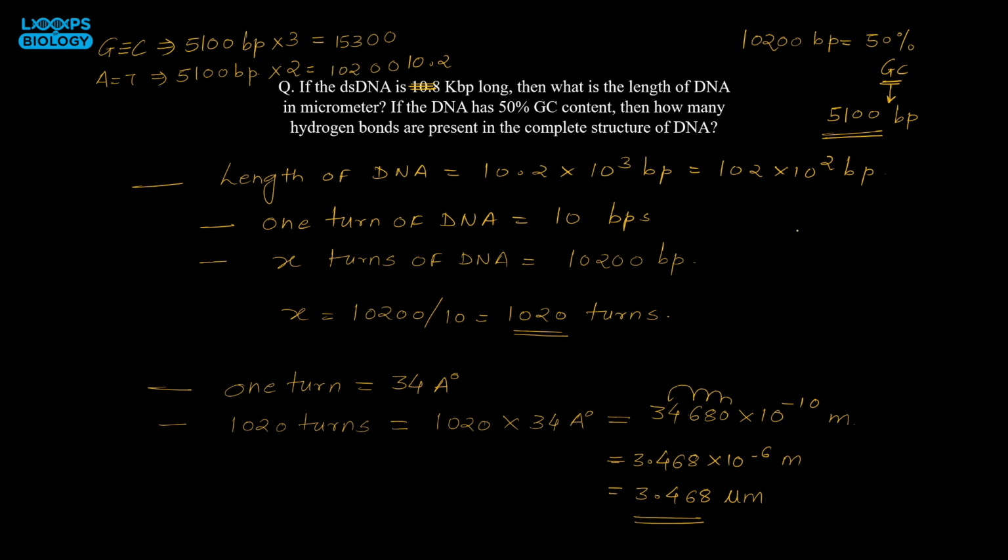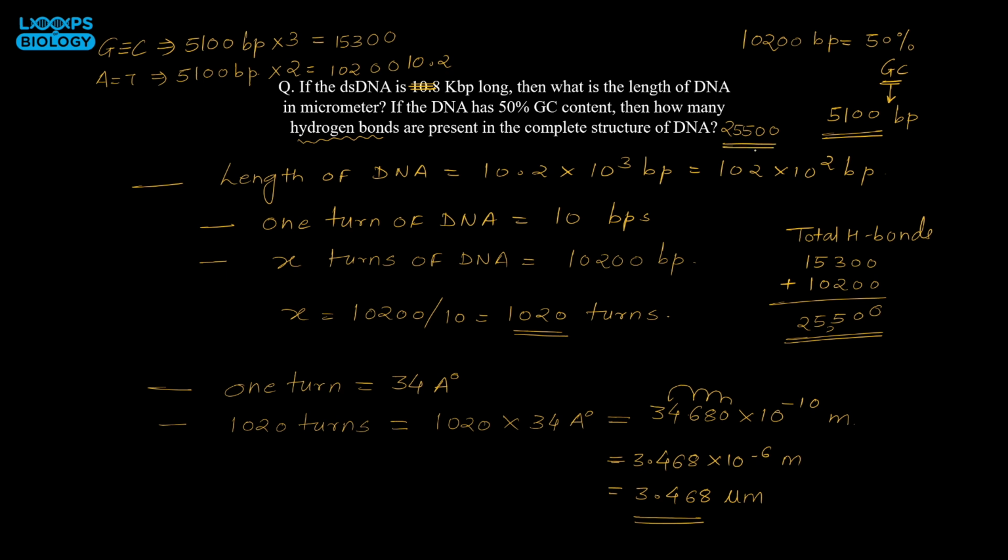So the total hydrogen bonds are 15300 plus 10200, so the answer will be 25,500. So the number of hydrogen bonds is nothing but 25,500 hydrogen bonds present in the complete structure of DNA.